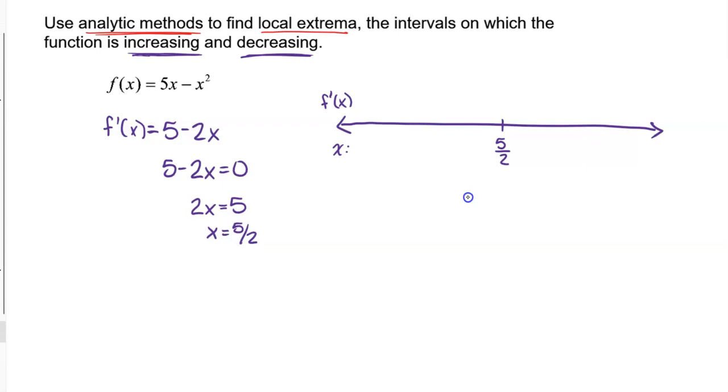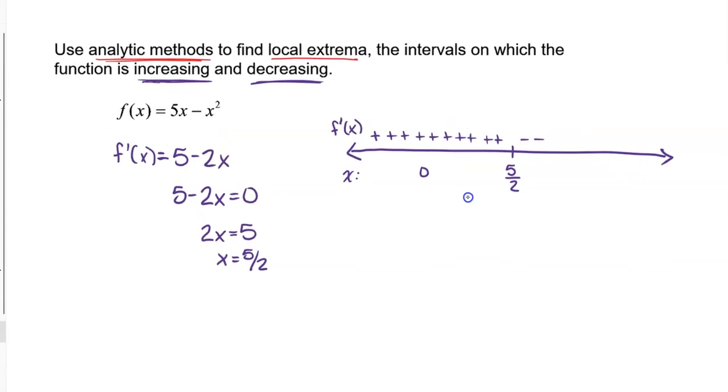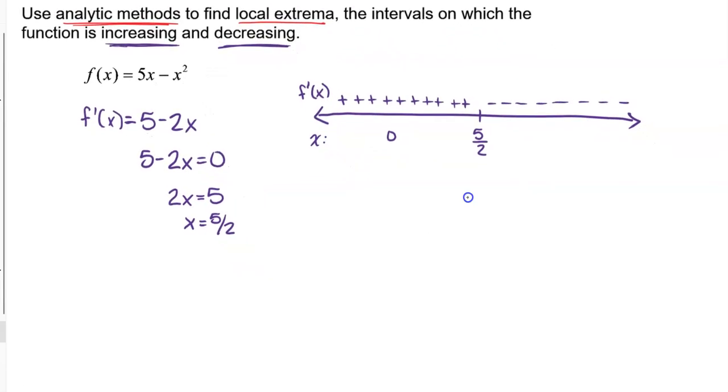The easiest thing to plug into the first derivative is 0, and 0 falls on this side. If I plug in 0, I get 5, which is positive. So the first derivative is positive on this whole interval. If I plug in something greater than 5 halves, like 100, I do 5 minus 200, which will definitely be negative, so the first derivative is negative on that entire interval.